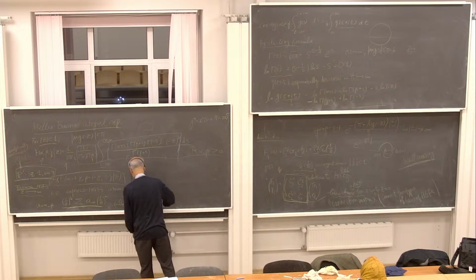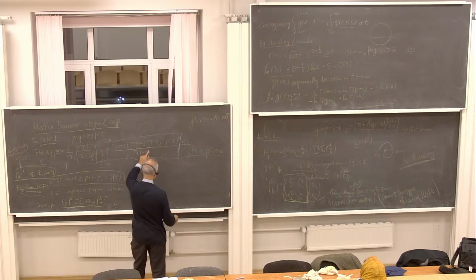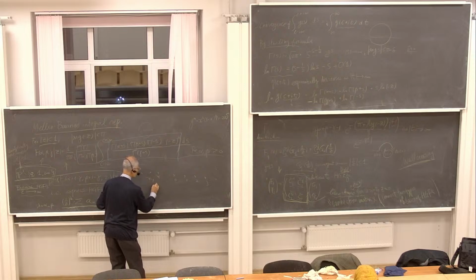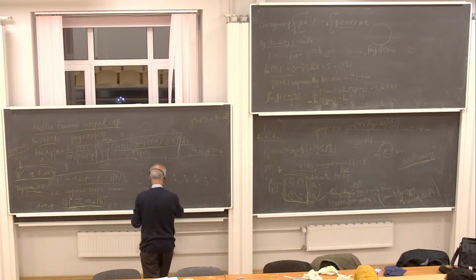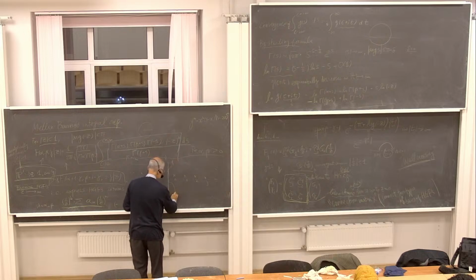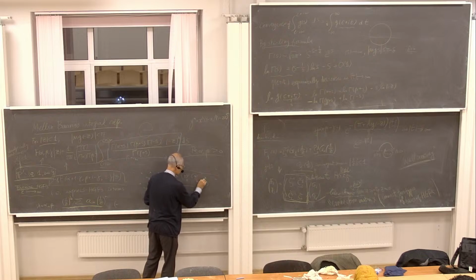In this very simple situation, this has poles at 0, 1, positive and minus alpha, etc. We have taken this integration path and deformed it in this manner.